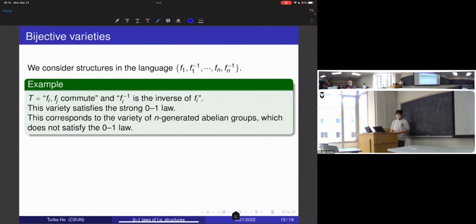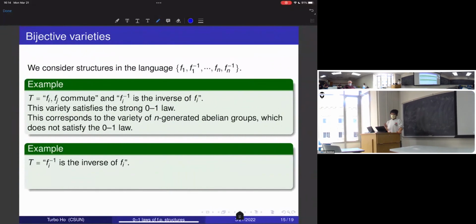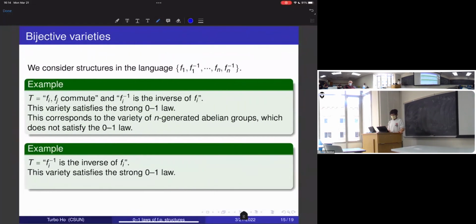And you can also drop commutativity in this case: if your theory only says Fi inverse and Fi are inverse of each other, then you also get a strong 0-1 law.